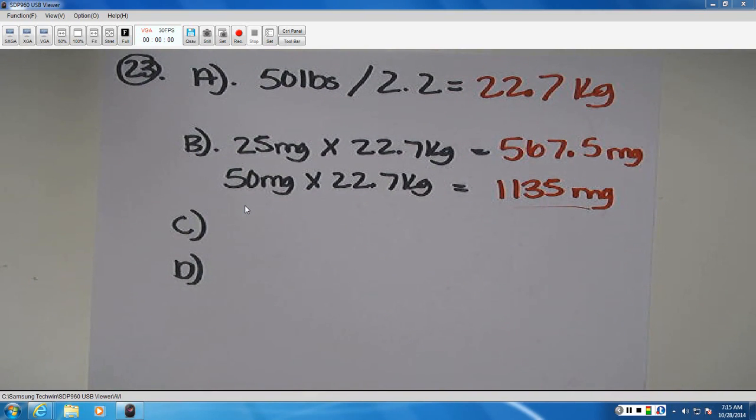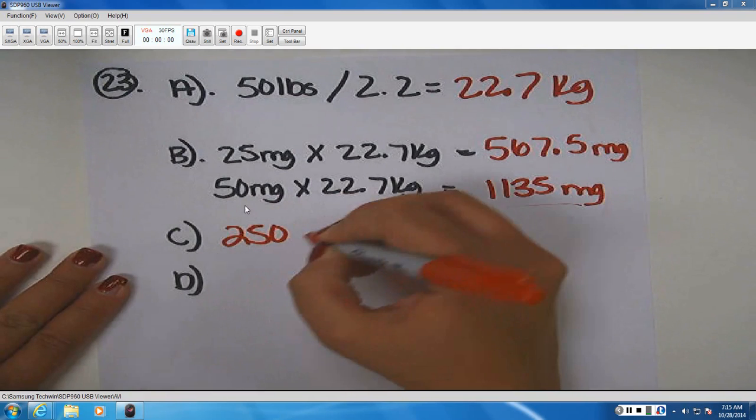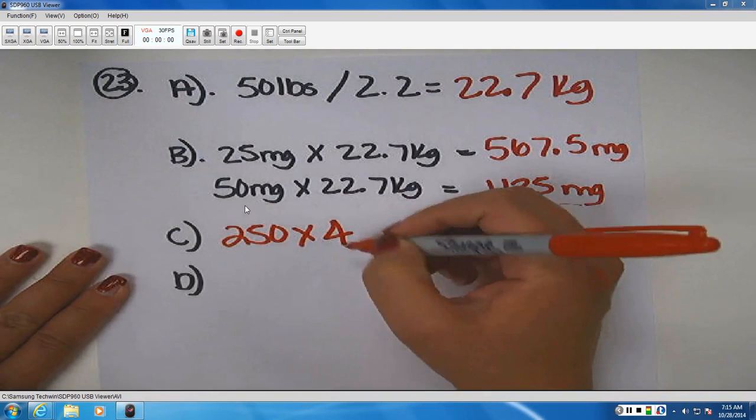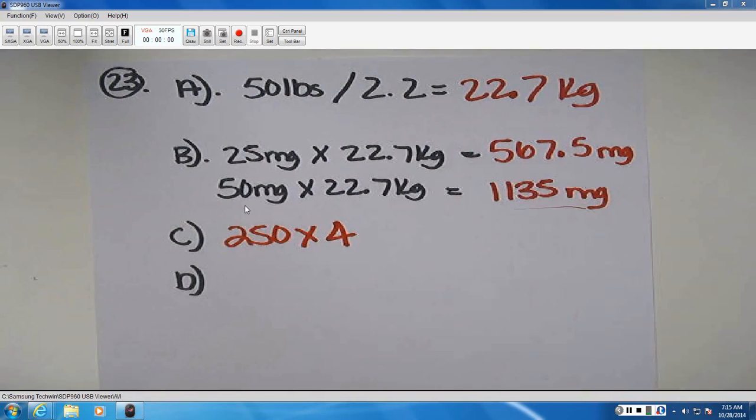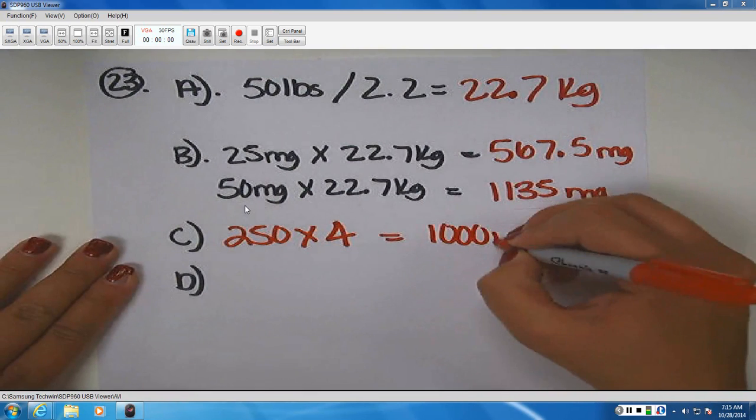Is the order safe? Our order was to give Keflex 250 milligrams by mouth 4 times a day. So if you take 250 and multiply it by 4, you get 1,000 milligrams.